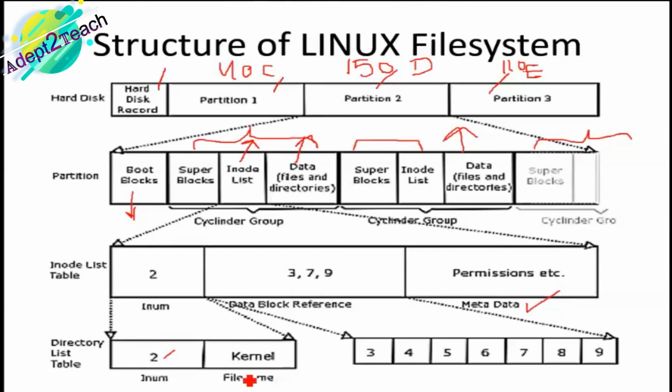This information is retained by the kernel. So this entire data is in your kernel view. The kernel is taking care of the directory structure, where you are storing what and what is linked with what. So the entire referencing is taken care of by the kernel view. The kernel has to understand what inode number is associated with what file name.